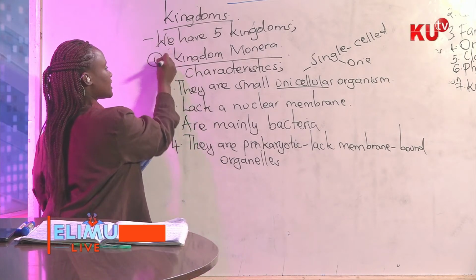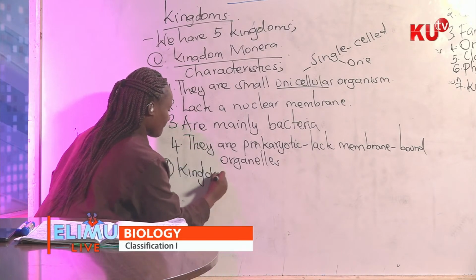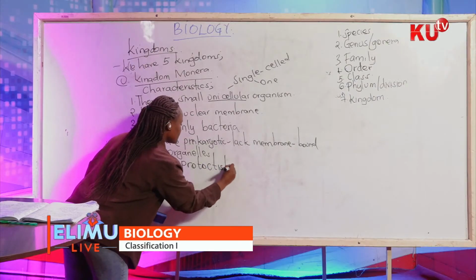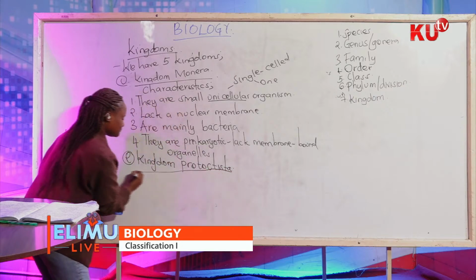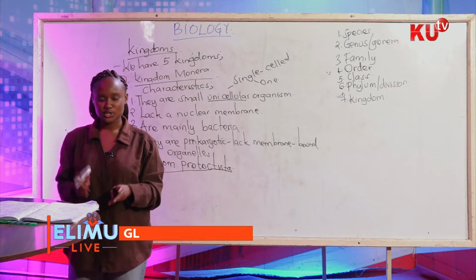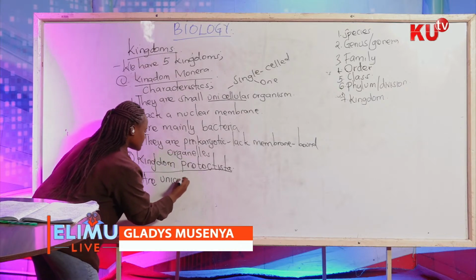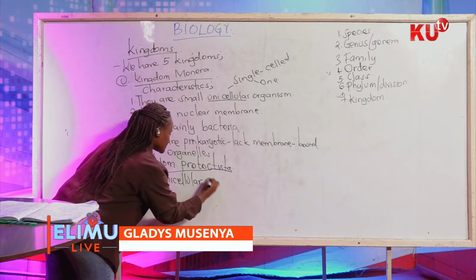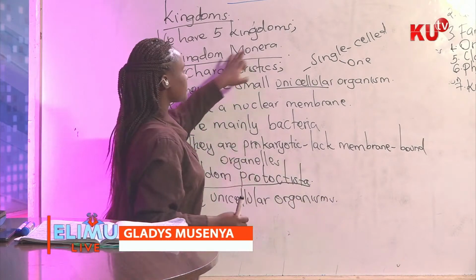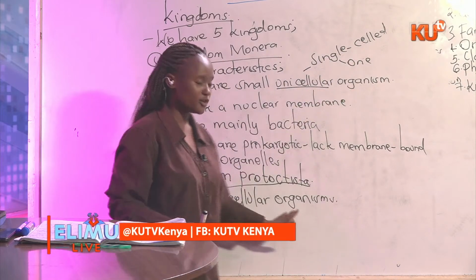Our first characteristic, they are unicellular organisms, same as the Kingdom Monera. They are single-celled or one organism, unicellular organisms.